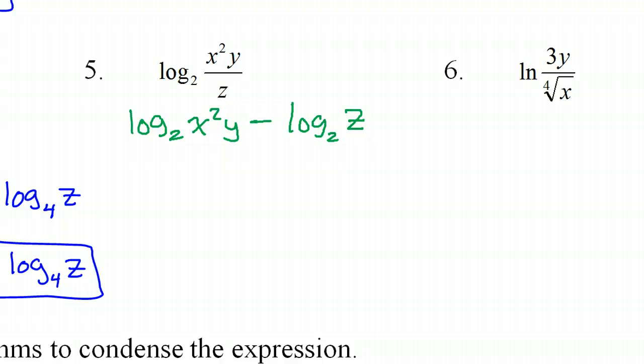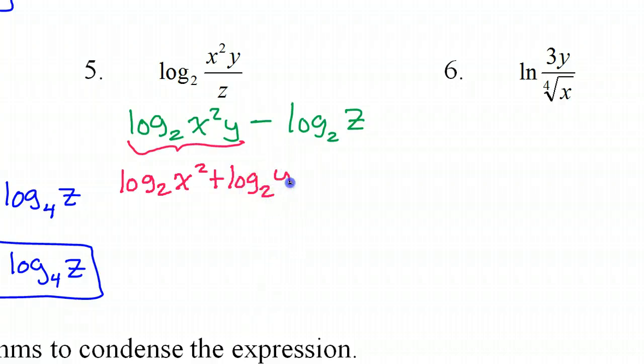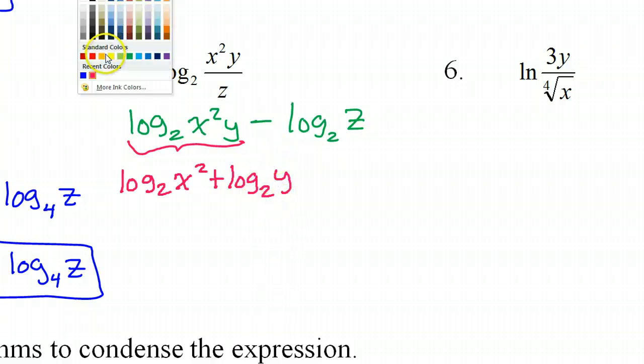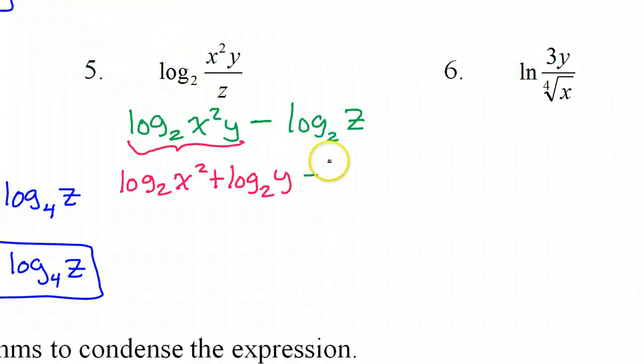Now of course this one can be expanded further using the product rule. So this would become log base 2 of x squared plus log base 2 of y. And then we still have our minus log base 2 of z.